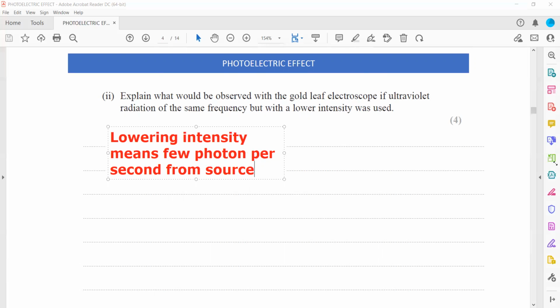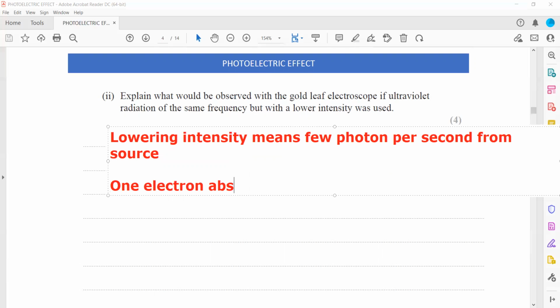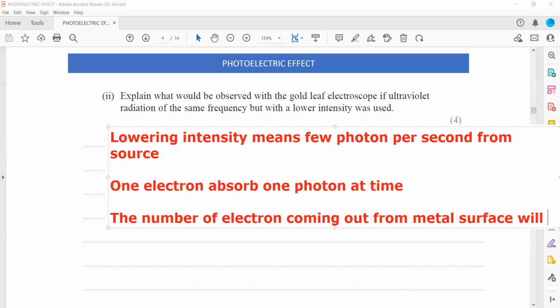Then one electron absorbs one photon at a time. So the number of electrons coming out from the metal surface will decrease.